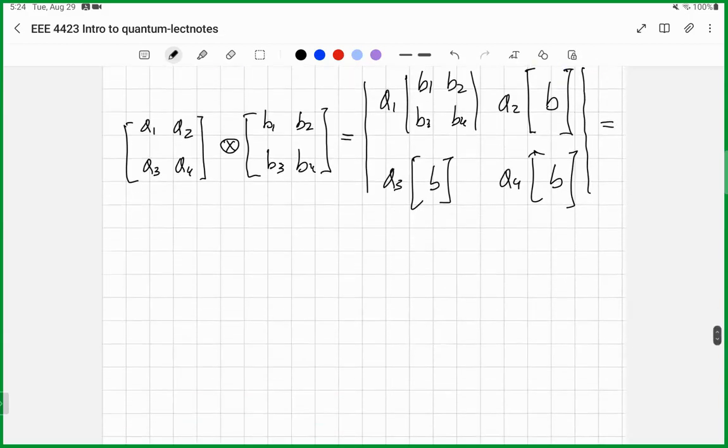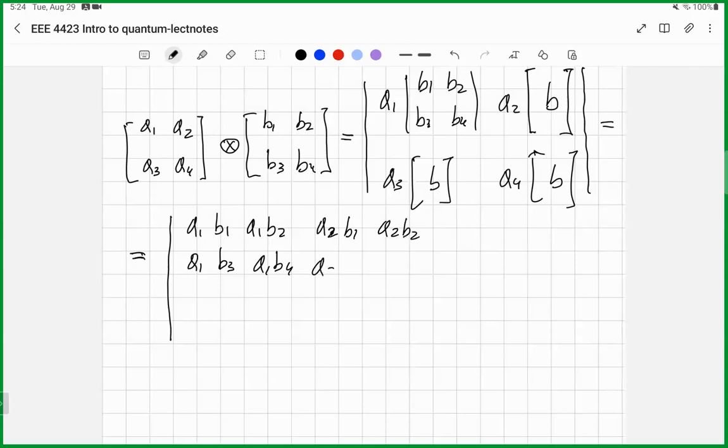So in the result, we can rewrite this as a bigger matrix with the elements A1 B1, A1 B2, A1 B3, A1 B4, the first submatrix. Next, A2 B1, A2 B2, A2 B3, A2 B4.